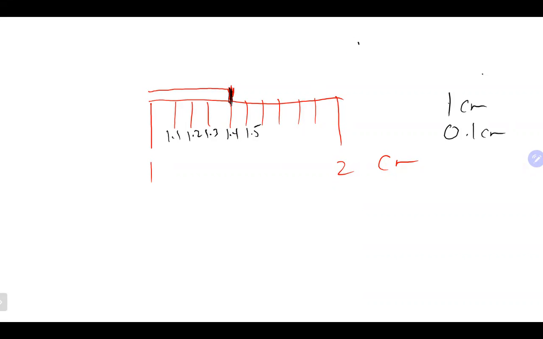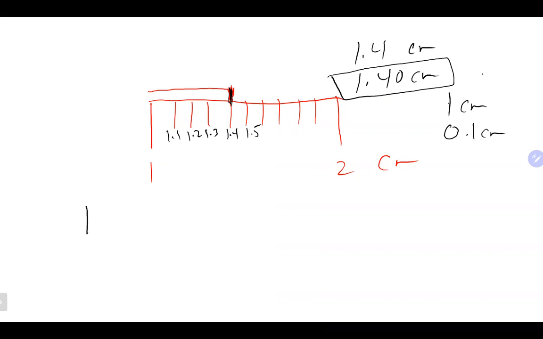Do I record 1.4 centimeters or 1.40 centimeters? Which one should I record? Or is there a difference in terms of what I record? You should record 1.40. And there really is a difference in those numbers. So for example, if we took 1.4, how many significant figures would that number have?